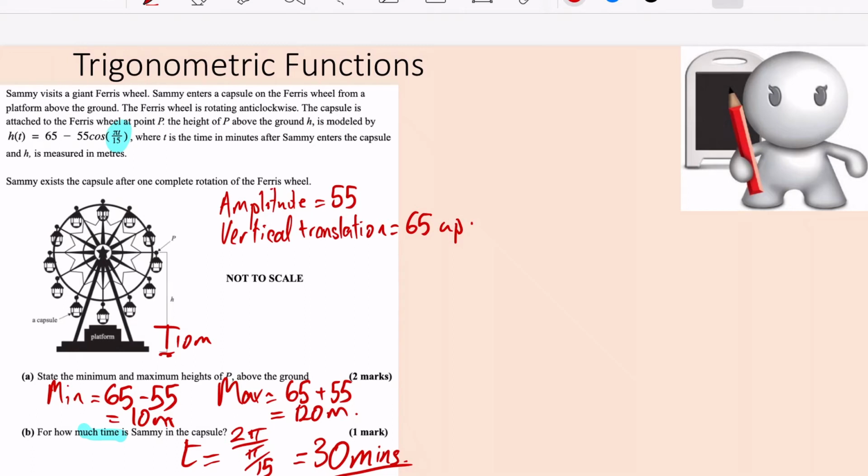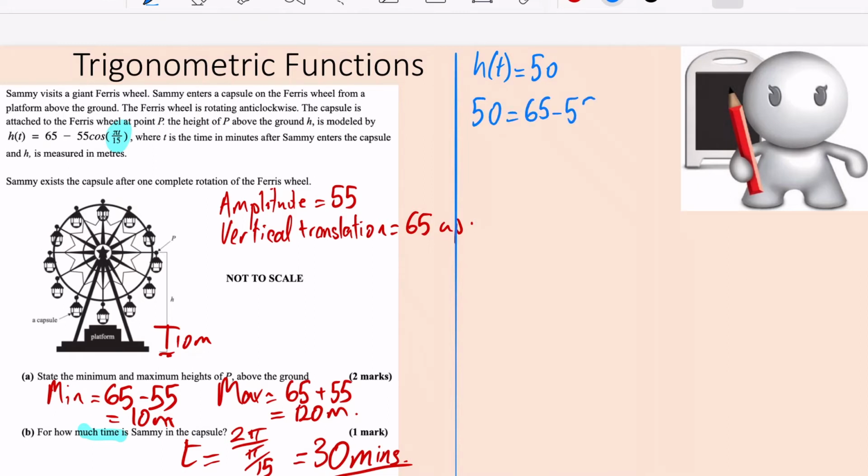Sammy can see the Harbour Bridge when he is 50 metres above in the air. So we're going to substitute 50 into this formula. So 50 equals 65 minus 55 cos of pi t on 15.